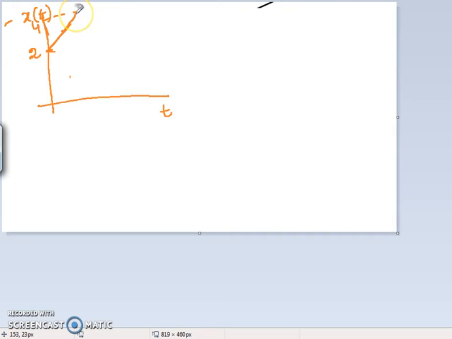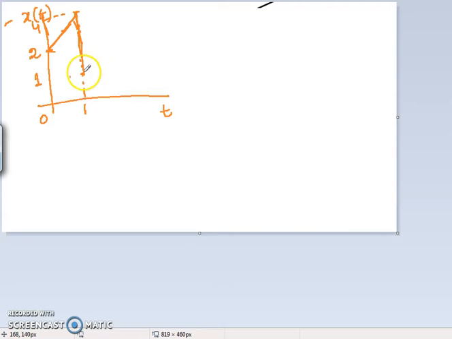And after reaching magnitude 4 at time 1, suddenly there is a jump. There is a sudden step jump, and the step continues down to magnitude equal to 1. Okay.